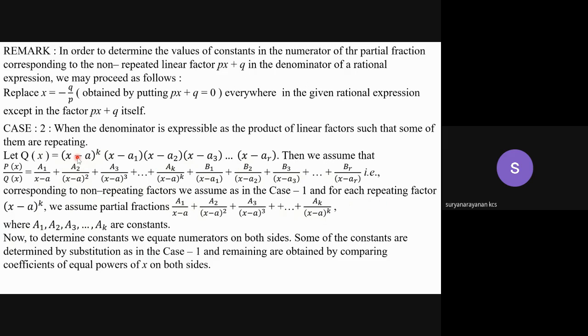And for that proper rational function, we write partial fractions. After that, the second step, we have to write partial fractions like this, according to the case. And the third step, we have to find these numerator values. Okay, this is the third step.